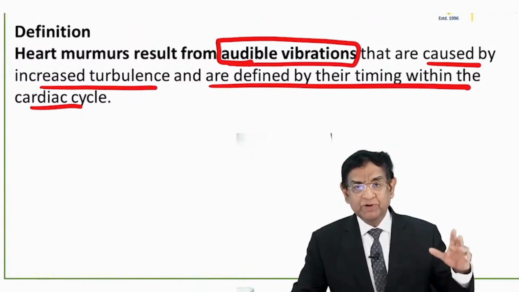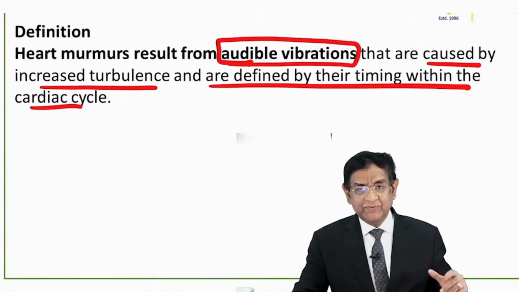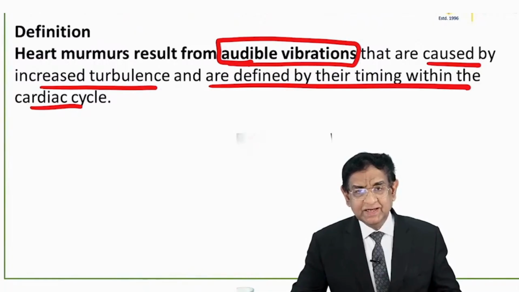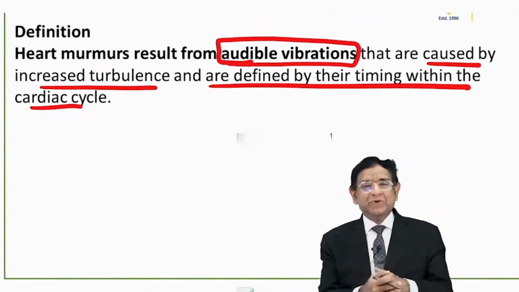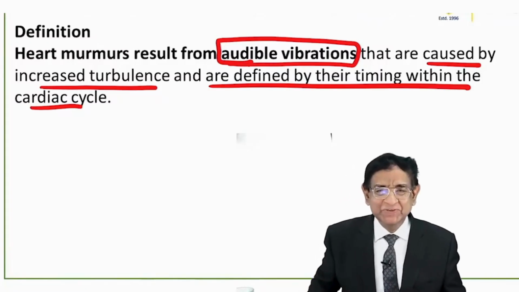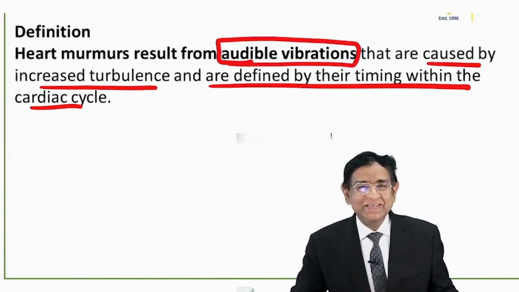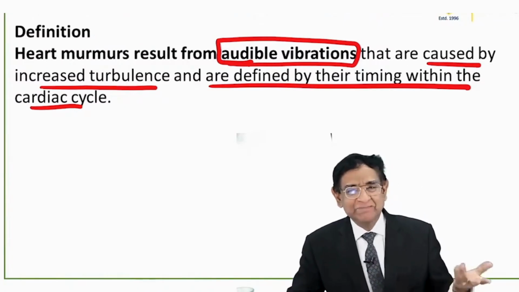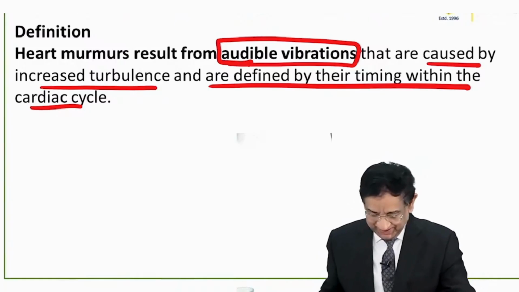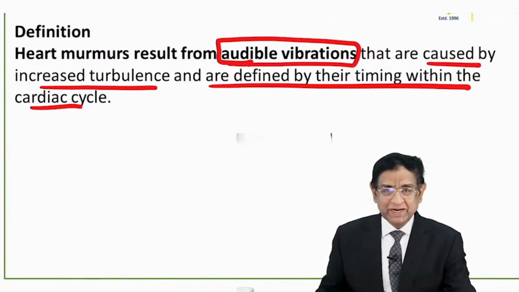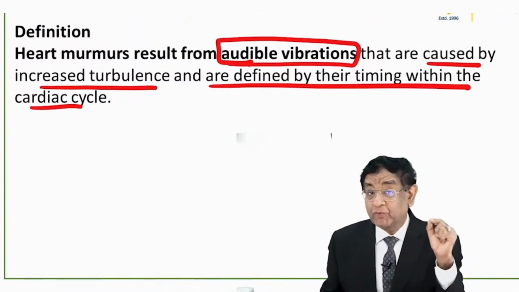Now this phone will vibrate in your pocket, and you can feel it in your legs. If you keep a stethoscope there, you can hear a sound. So that is a type of murmur. It's as simple as that. The idea is to tell you that it's audible vibrations.